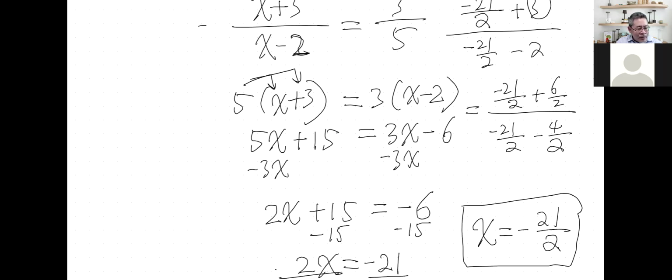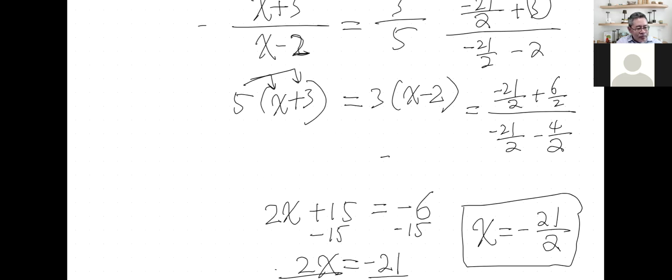So therefore, drop down here. So we got negative 21 plus 6 over 2 and divide by, this is called the complex fraction, over 2.